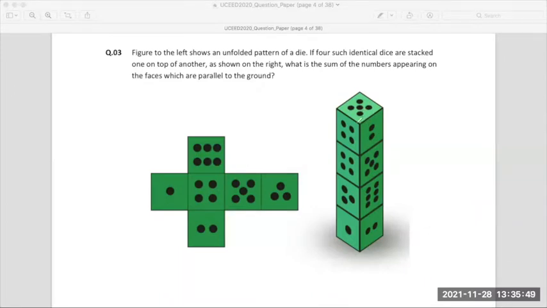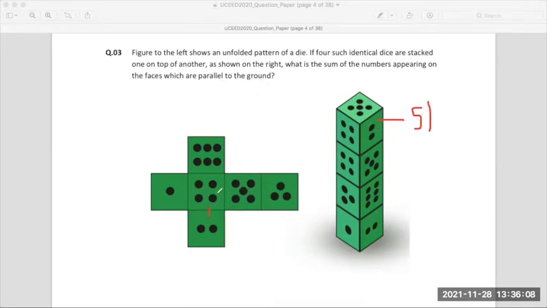So if I take the first dice, the top part has 5, you agree? Bottom, 4 and 2 are coming here.